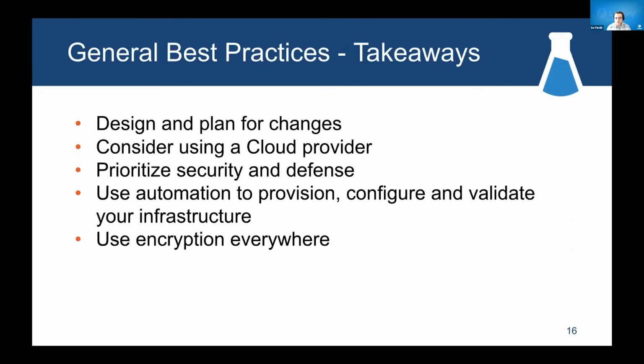So just some high level best practice takeaways that we've come across. The first item on the list here: plan for change. A rigid design does not take into account future changes that can make future work more difficult. A simple example is with those network access control lists.